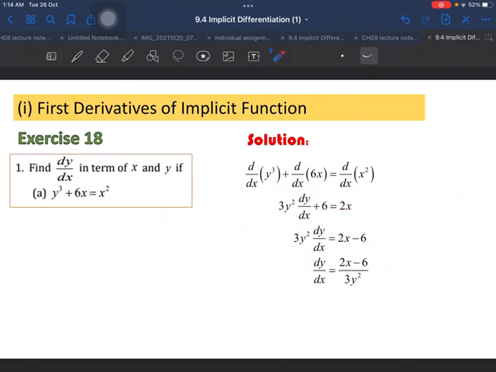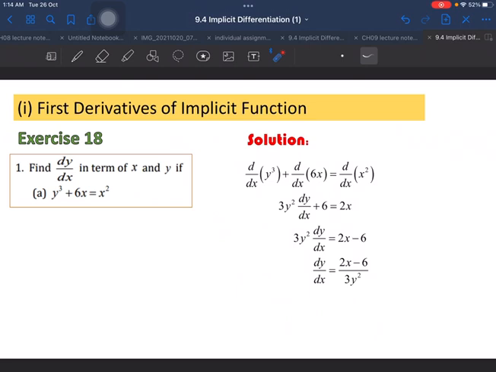And then we bring 6 to the right side, and we get 3y square dy over dx equal 2x minus 6.